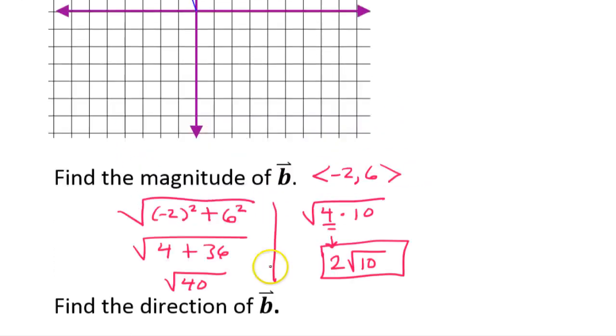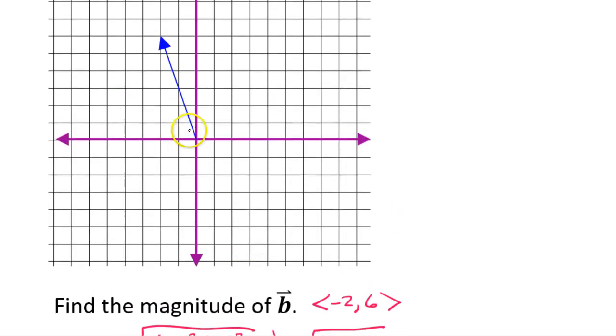Now the direction. So the direction of this vector is the angle as measured counterclockwise from the positive x-axis. So this is the angle that we are looking for. However, we will start by finding the reference angle, which is sitting right here.